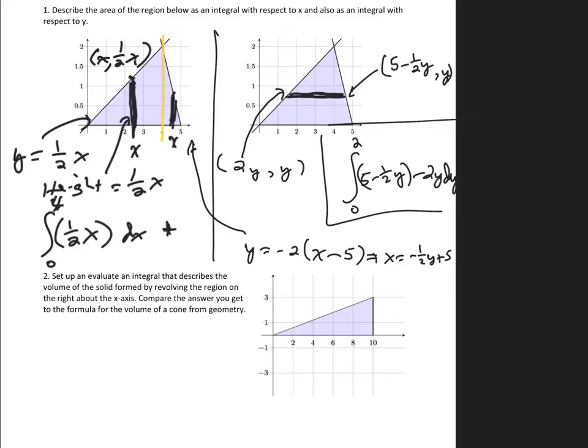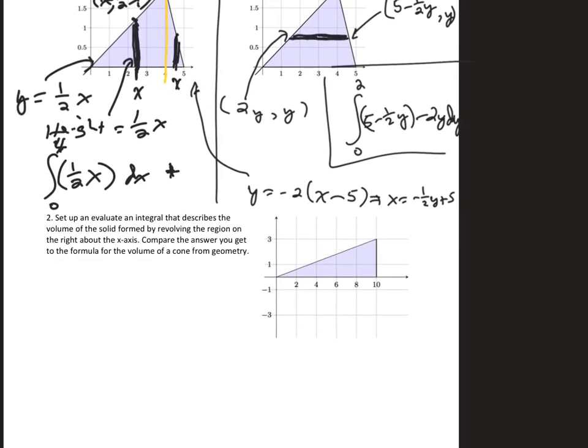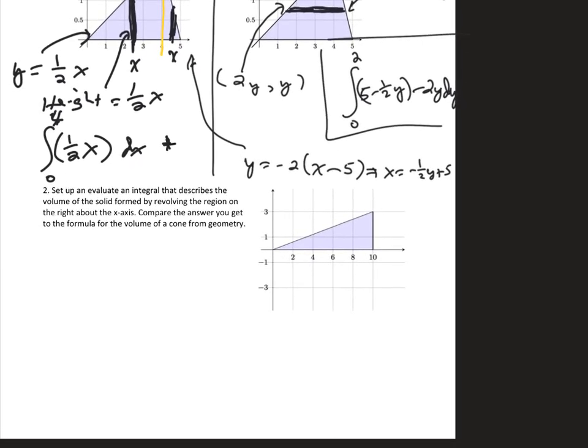Okay, for a volume problem, the secret to doing a volume problem is to, first of all, think about, it requires some 3D visualization, but rather than think about the volume of this entire region being swept out and then slicing it, we learned that we could think of it instead as take a slice of the two-dimensional region and think about what happens when that one slice is revolved.